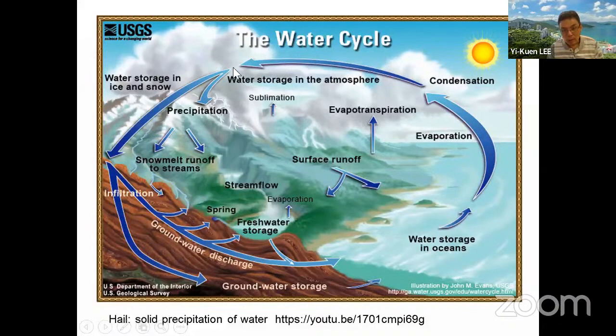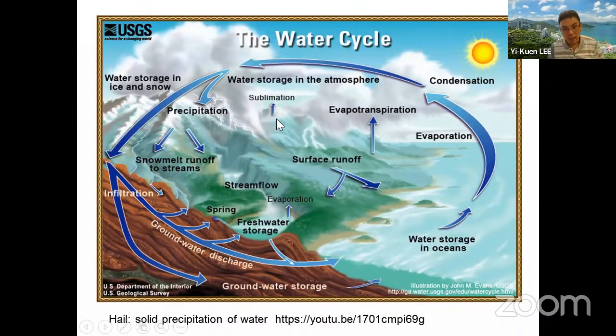If you have too much cloud and precipitation, you have raindrops, and then we have some heat convection of this water going to the lake or ocean. So this water cycle is quite an important thing.